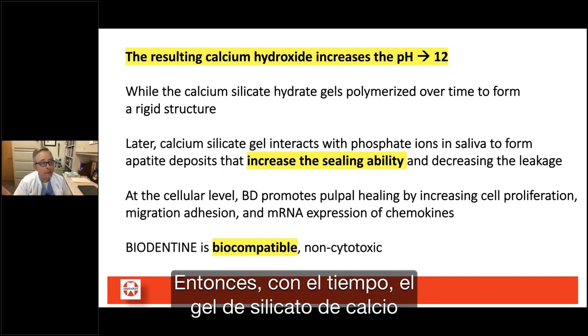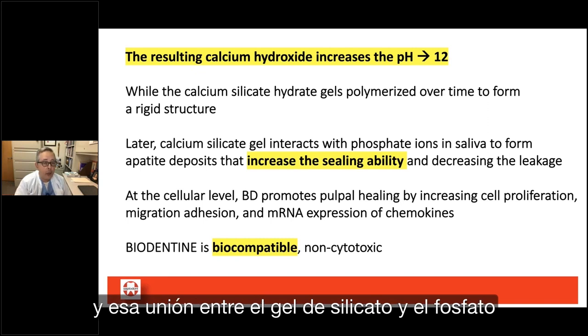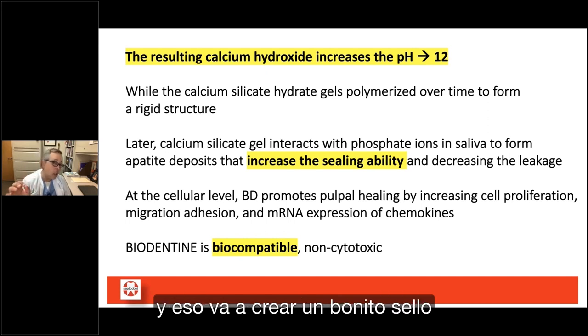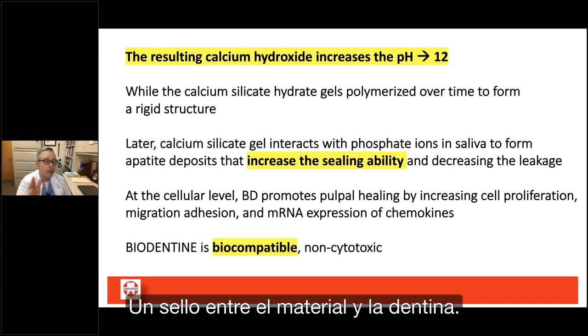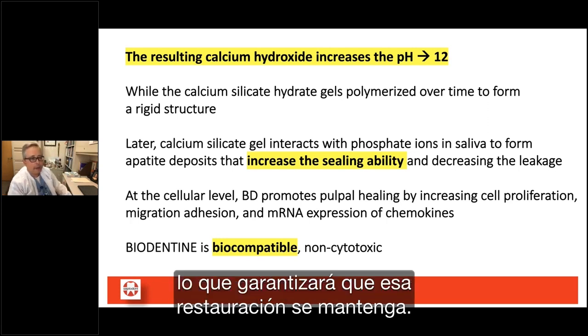So with time, the calcium silicate gel mixes with phosphate present in the saliva, and that union between the silicate gel and the phosphate deposits apatite, which creates a pretty nice seal between the material and the dentin. That will decrease the leakage, which will guarantee that the restoration will stay.